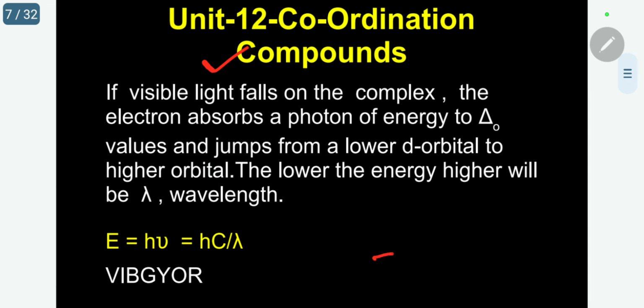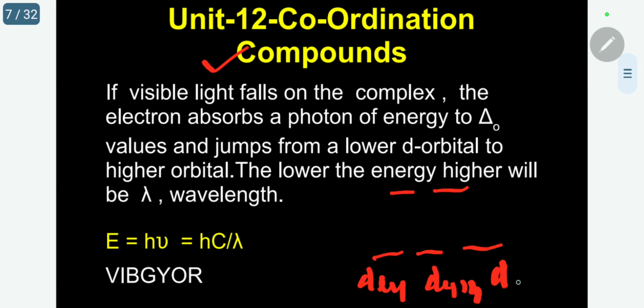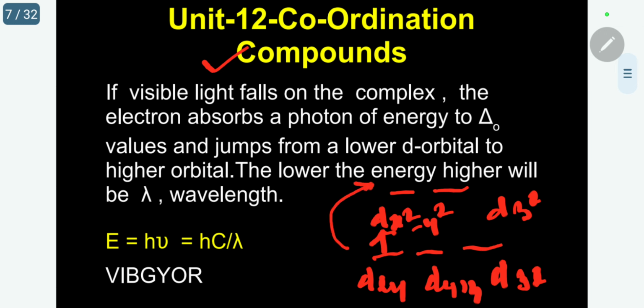Say, in a 3d octahedral complex, dxy, dyz, dzx are lower, and dx2-y2, dz2 are higher. When the electron absorbs energy, it moves to the higher energy level. This is the important information you must know.